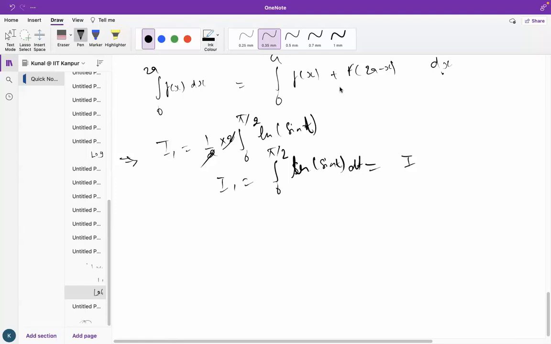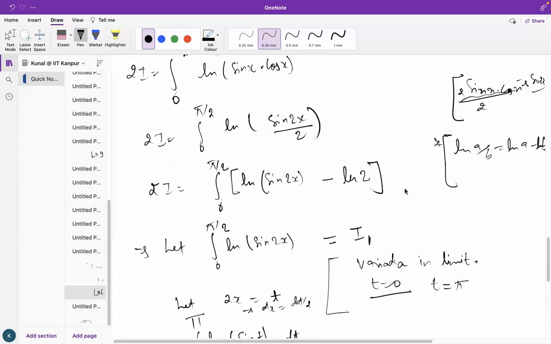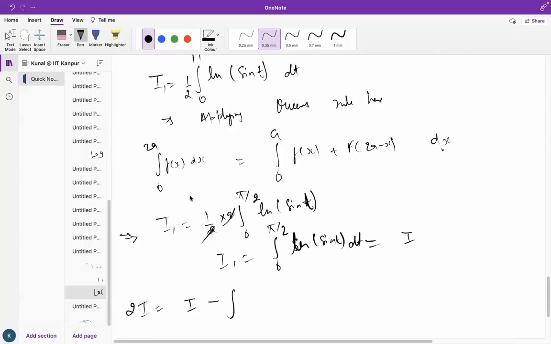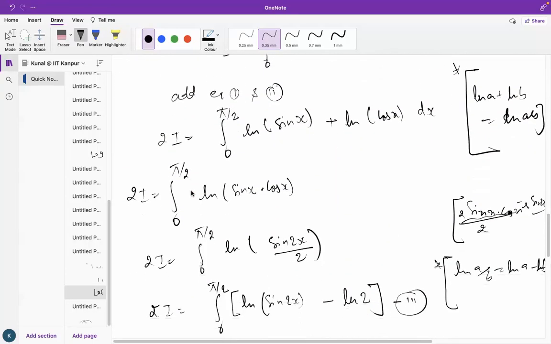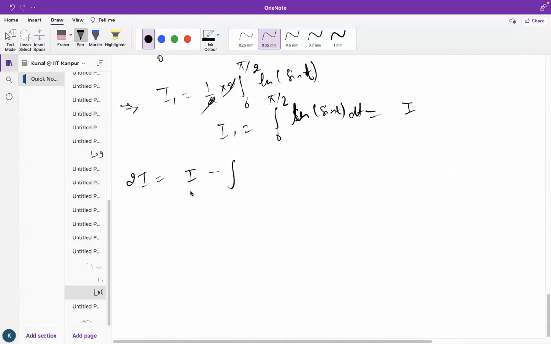So what we get here, we have actually written somewhere. Okay. So let this equation be equation third. So what we get from here, 2I is equal to I1, which is also equal to I, minus the integration of ln 2 from 0 to pi by 2.